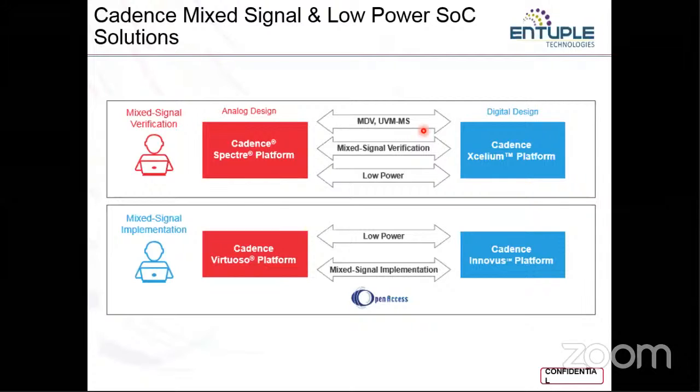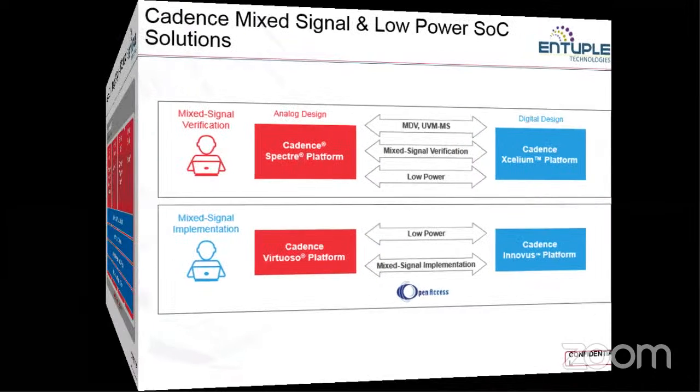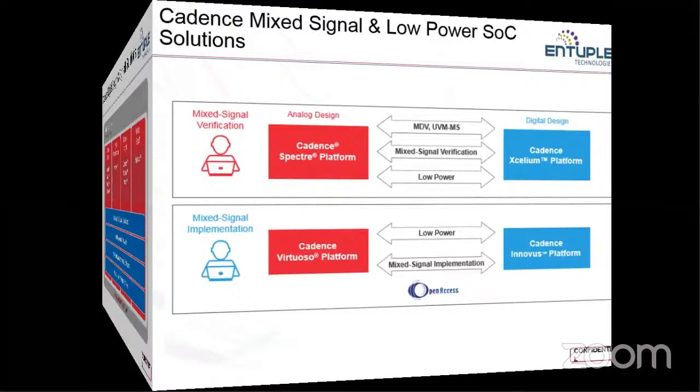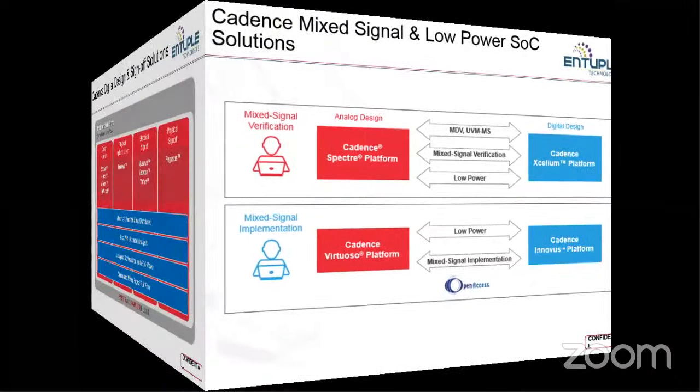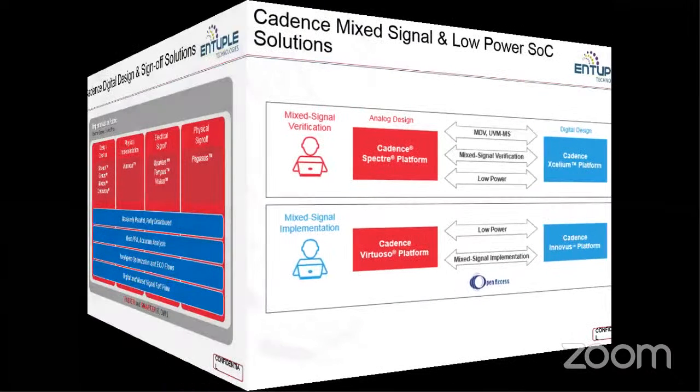You have the respective tools, which are used for the analog part and which for the digital part. As we move on, we'll give the list of tools provided for the analog domain as well as for the digital domain. These are the tools for digital design and sign off.